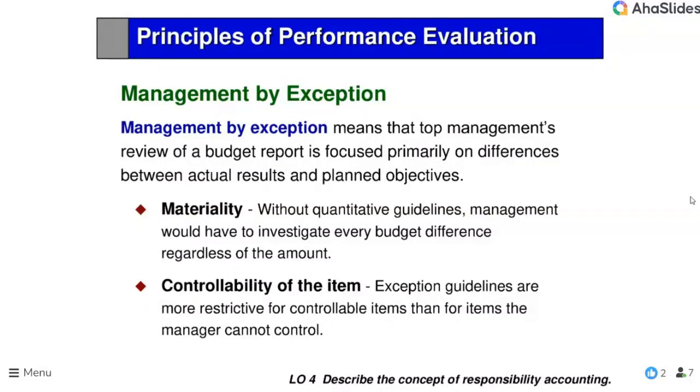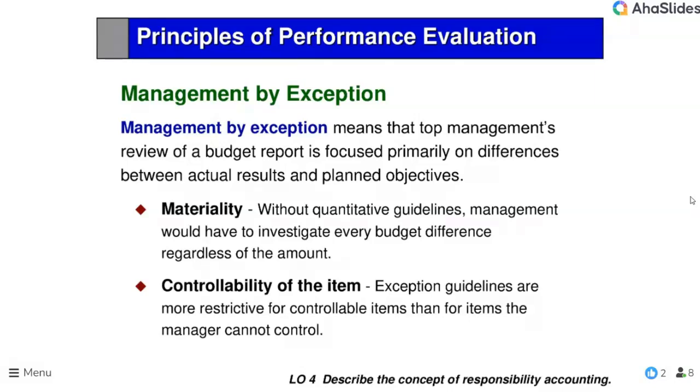Now, as you're getting up around 5%, I said that's significant. Another term you will hear is called materiality. If the difference, the variance, is very small, we use the word insignificant, or immaterial. If it's immaterial, it means it's very small. And management by exception means that you have all kinds of things to manage. You're not going to worry about the small stuff. Don't sweat the small stuff.